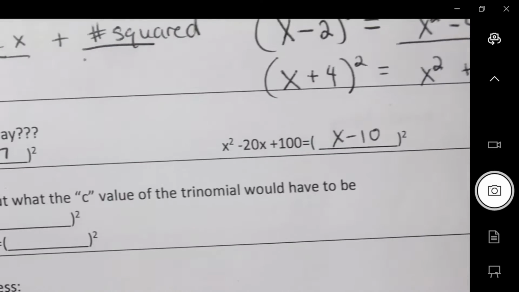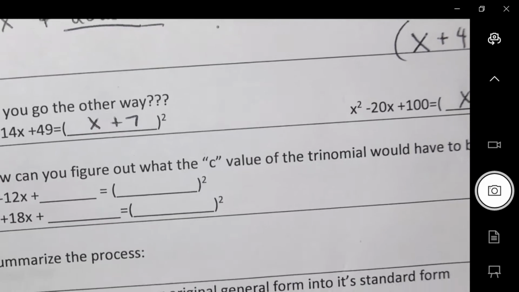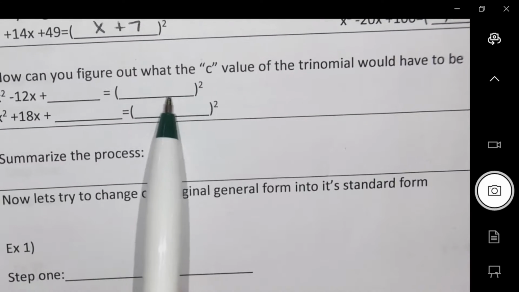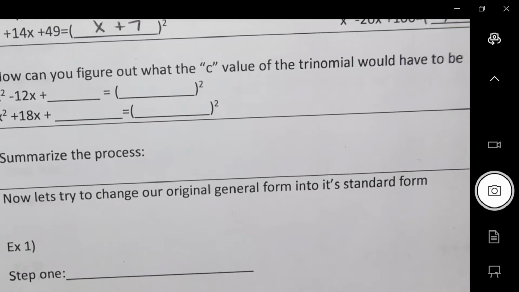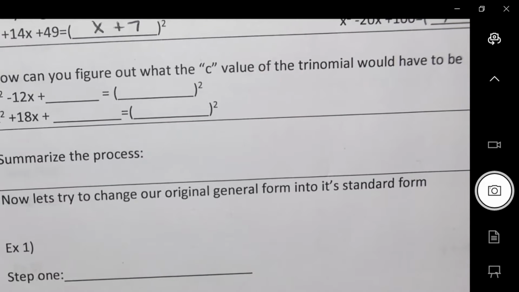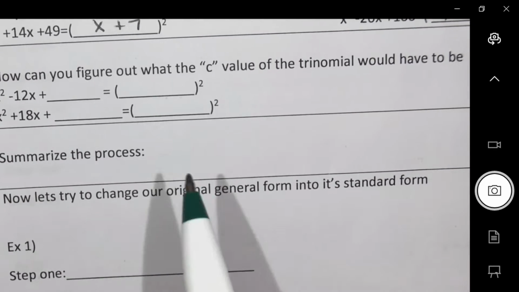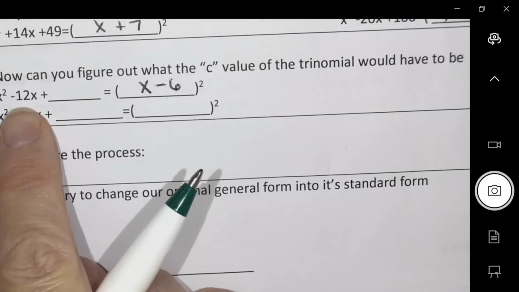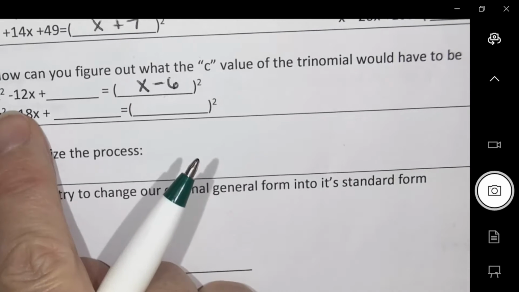Okay, now I'm going to take you to one more stage. I want the number in the bracket, but then I also want to figure out what would have had to been in the last spot of the trinomial. So let's talk about what number would be in the bracket here. So x subtract 6, because I know the relationship of that would have had to double.